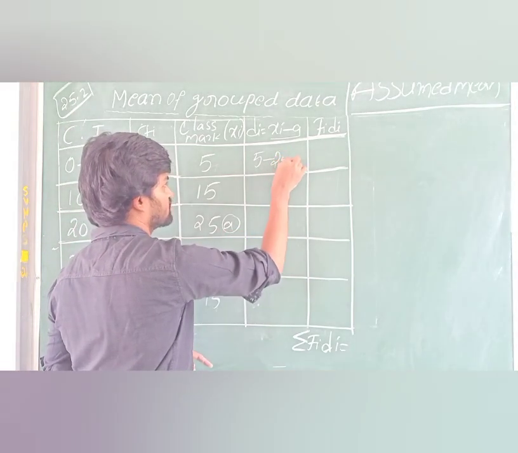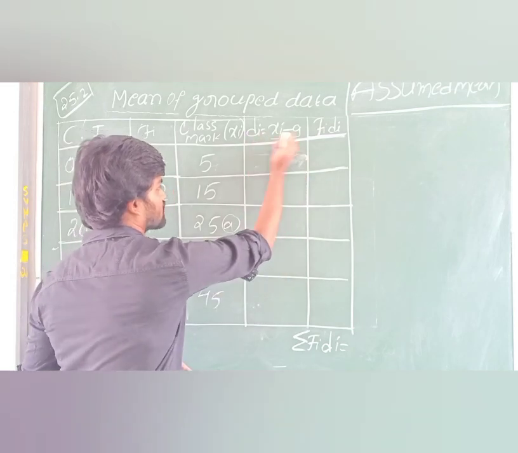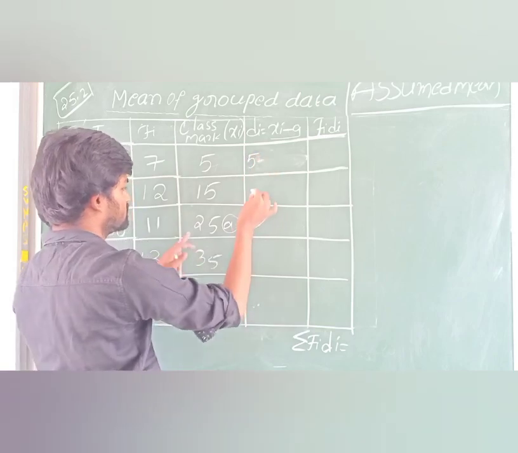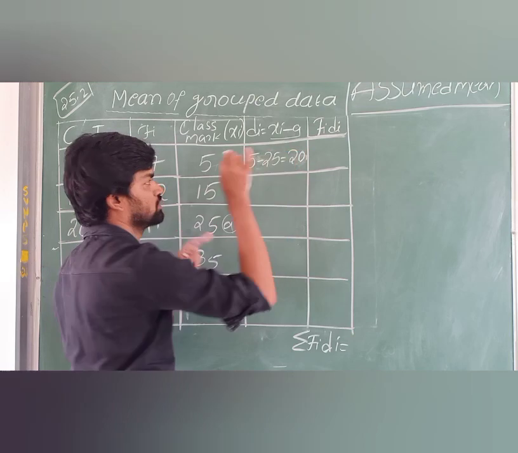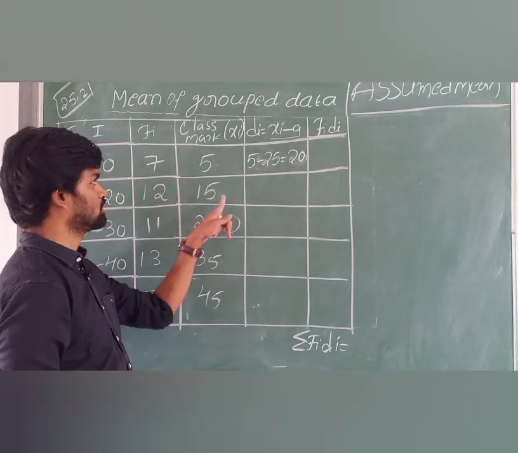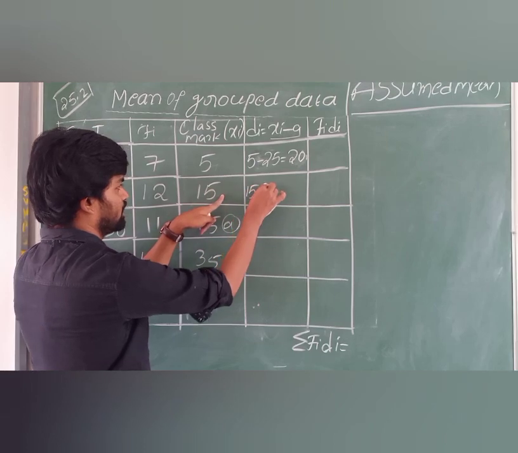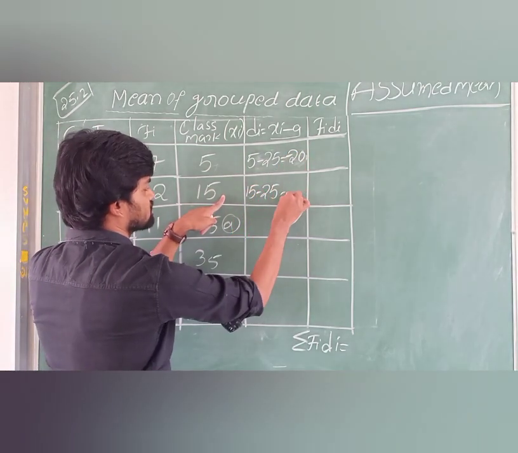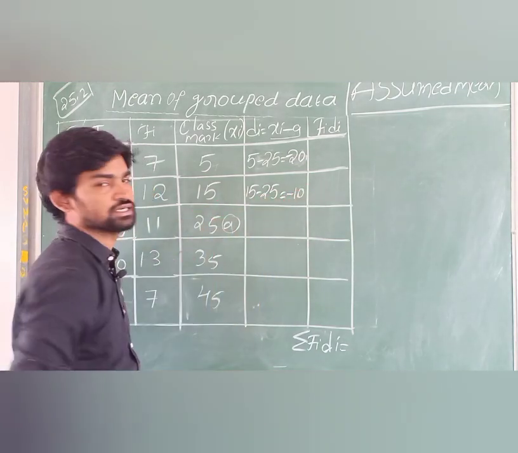So 5 minus 25 is minus 20. Next column, what is xi? 15. So 15 minus 25 is minus 10.